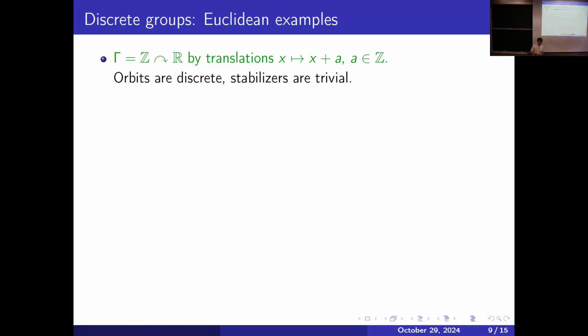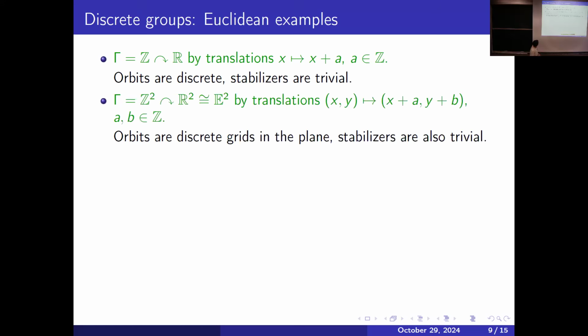It certainly gives you a neighborhood which doesn't intersect other points of the orbit. Then you can also notice that stabilizers are trivial in this example, since these are translations.